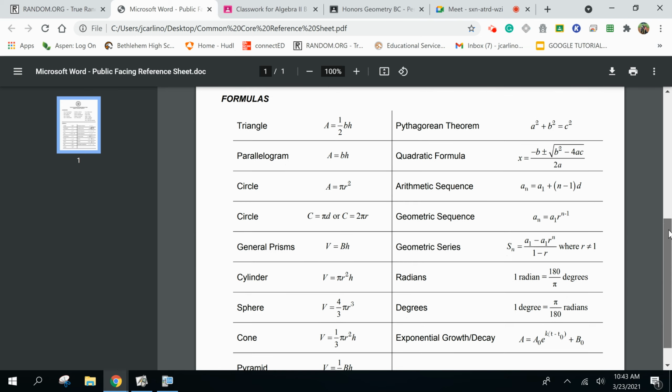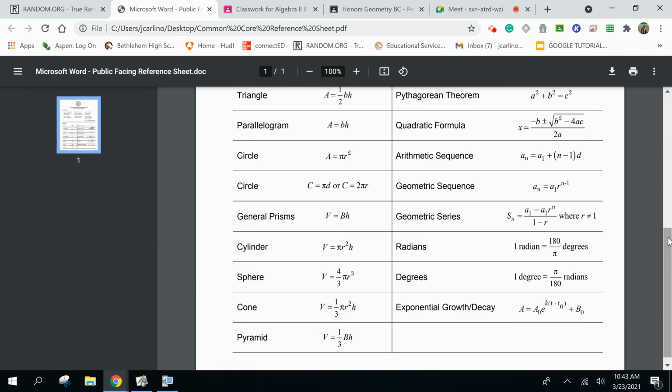I have extra copies here in class if anybody needs one, because you need one. Anybody going to need one here? I will give you this on any test or quiz in this unit, because there are 2 pieces on here that you'll need. So please keep it with you.